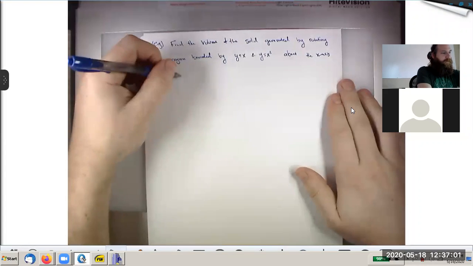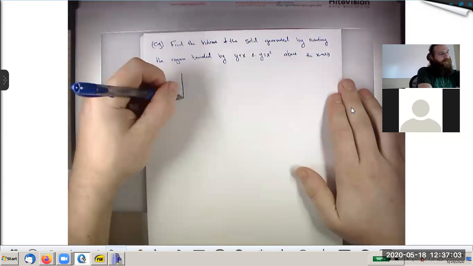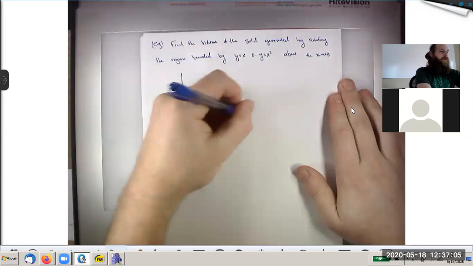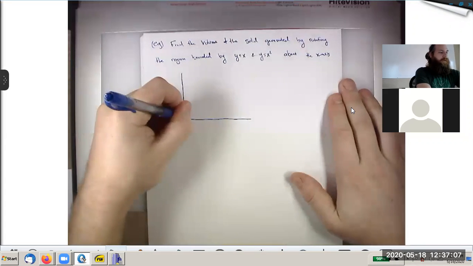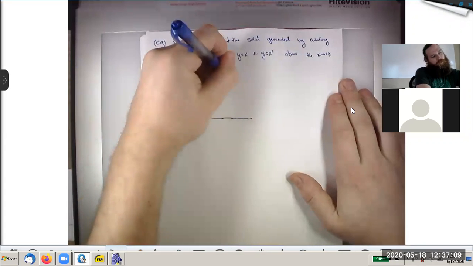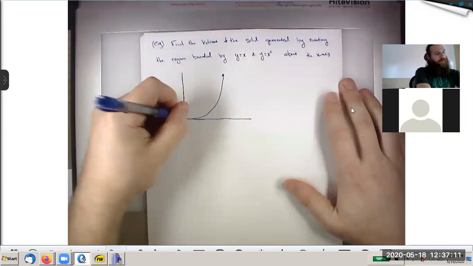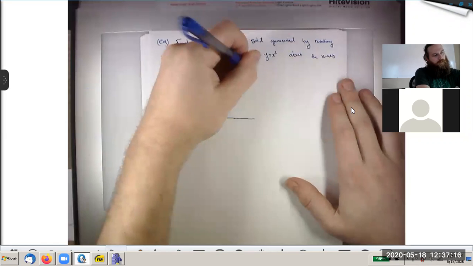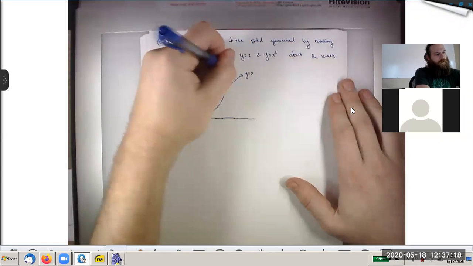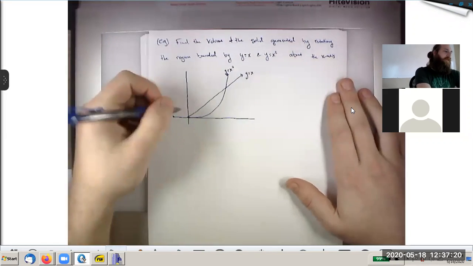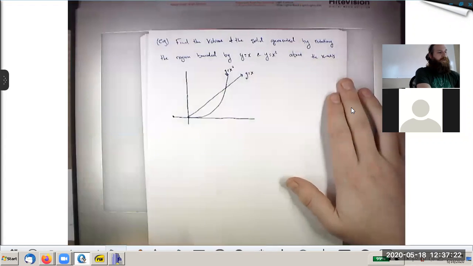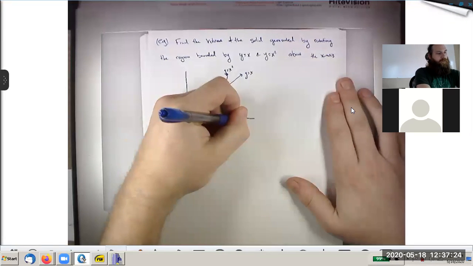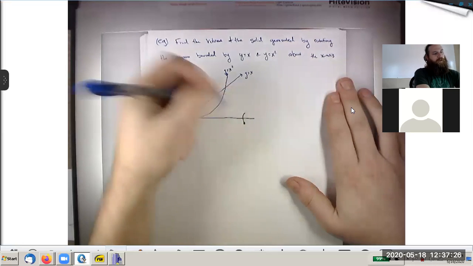So if you look at that graph, y equals x and y equals x squared, I'm going to exaggerate it a little bit here. Here's y equals x squared, and here is y equals x. So this is the region I'm talking about, and I want to spin that around the x-axis.